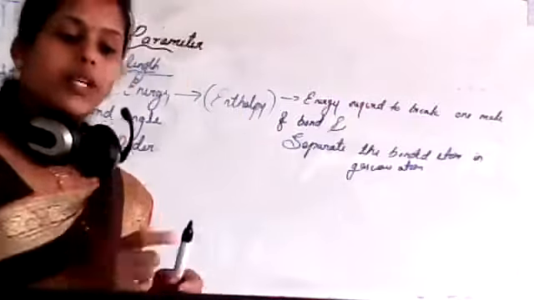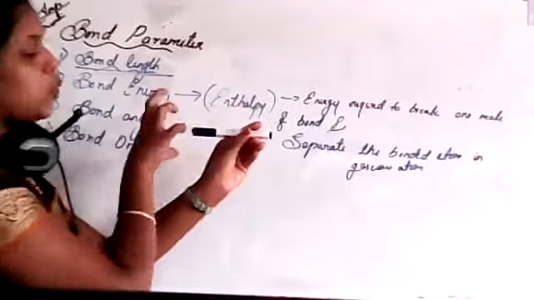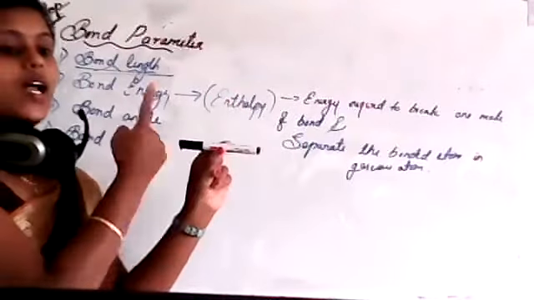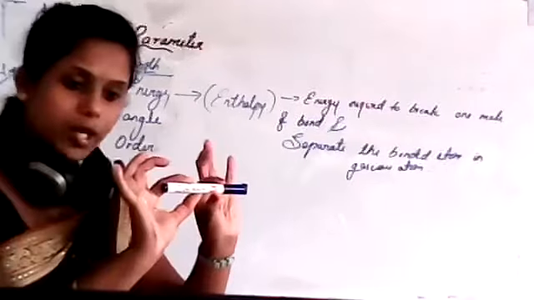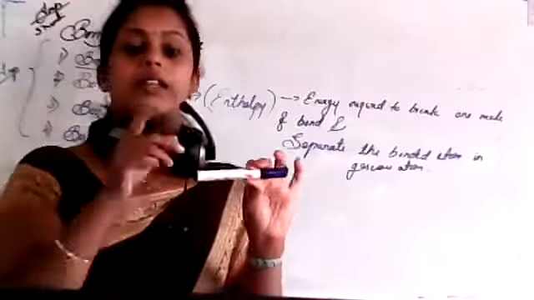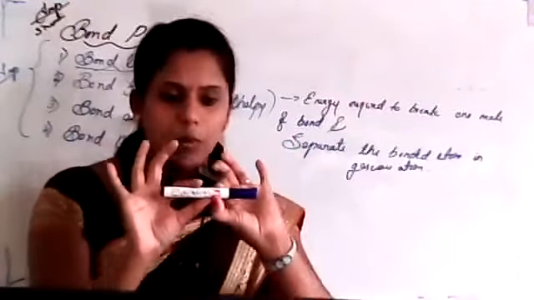If there is a bond between any two atoms and I have to break that bond, it needs some energy, isn't it? You have to supply some amount of energy to break this bond.